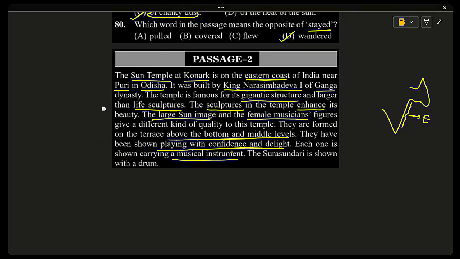Out of all the female musicians, one is named Surasundari, and she is holding a drum. Okay, playing drum. Very small passage, and let us try to answer the questions.